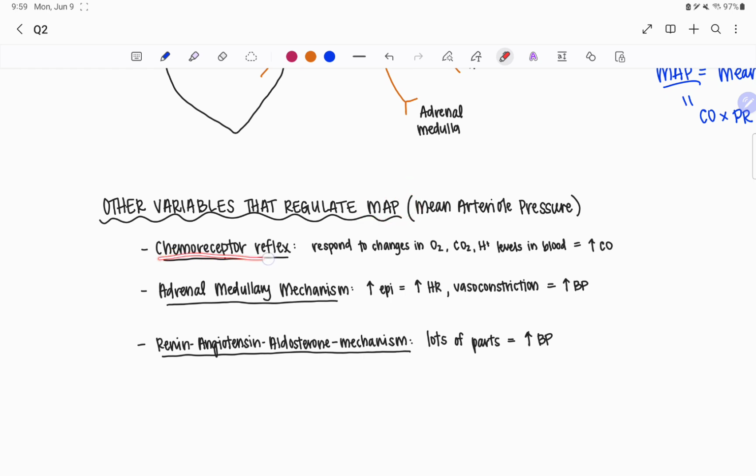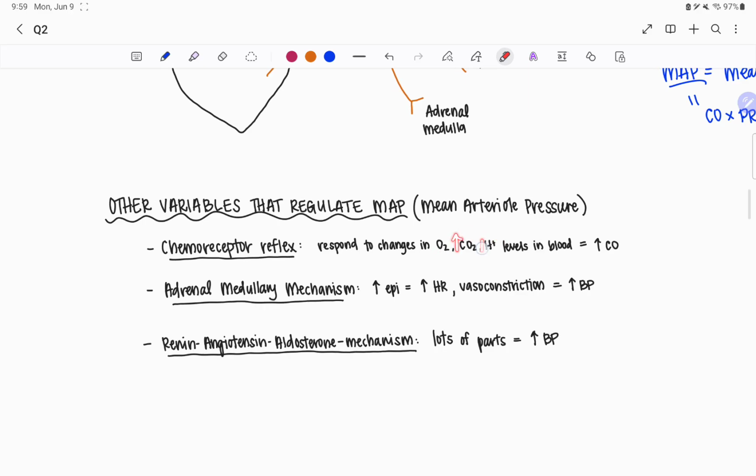So a chemoreceptor responds to changes in oxygen, carbon dioxide, and hydrogen levels, so our pH. They're going to increase cardiac output. So it senses a decrease in oxygen and an increase in carbon dioxide and, I'm blanking on it, but a change in pH.